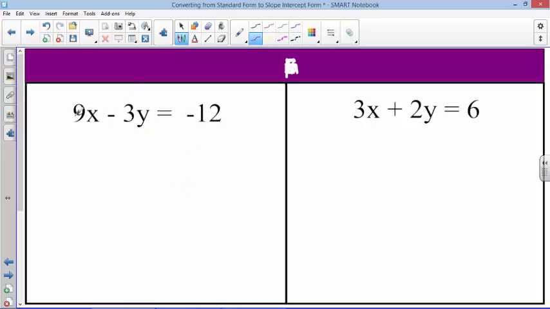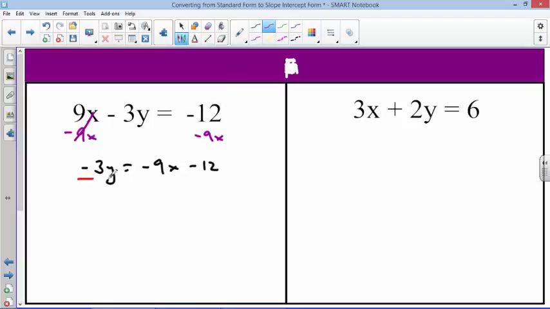All right, great. So here I have 9x minus 3y equals negative 12. I'm going to go ahead and subtract 9x from both sides. These will cancel out. I have a minus 3y equals negative 9x minus 12.